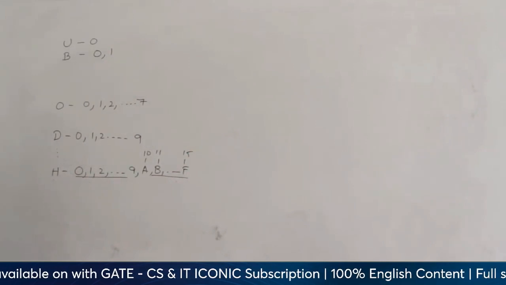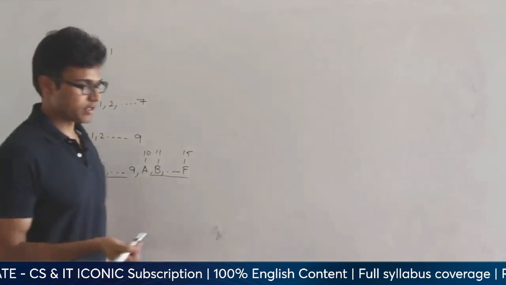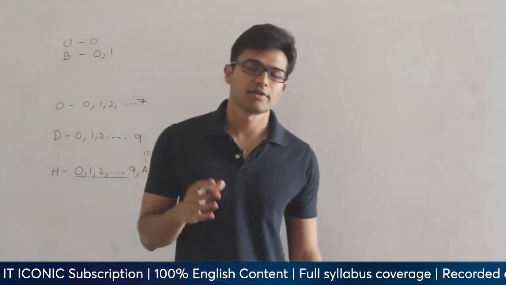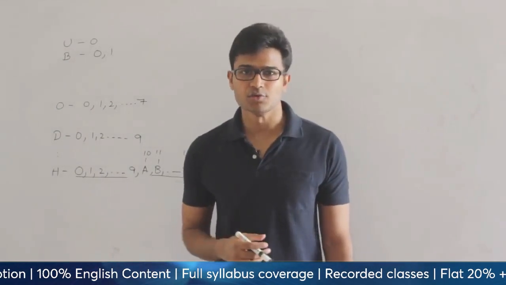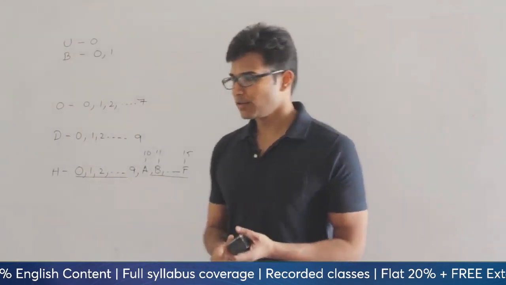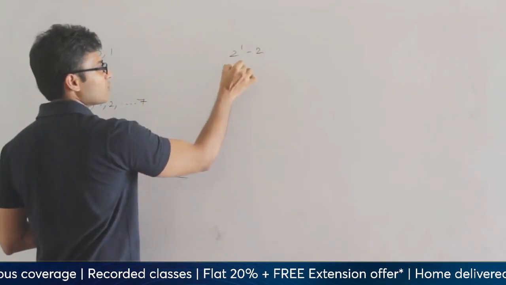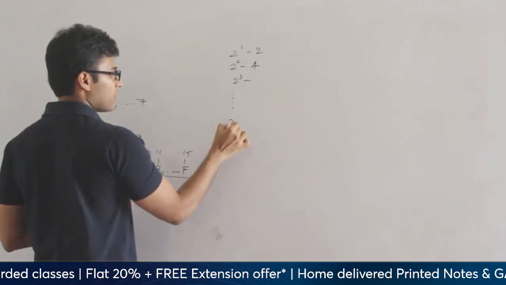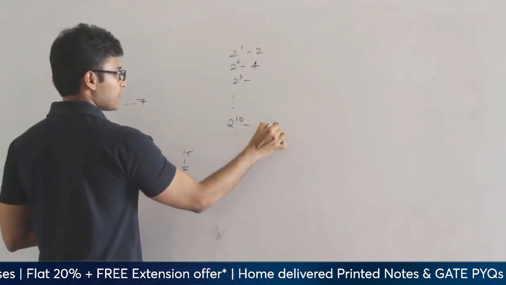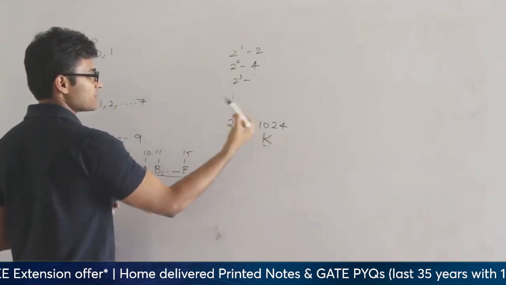So we have all these number systems, but the most popular number system coming to computer science is binary. Therefore I'd ask you to be very good with binary number system, especially the powers of 2. You should have a grip over these numbers. So 2 power 1, 2 power 2, 2 power 3, so on, up to 2 power 10. 2 power 10 is nothing but 1024, and sometimes it is also called K. K represents 1024.